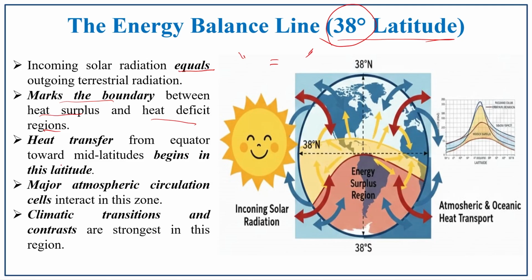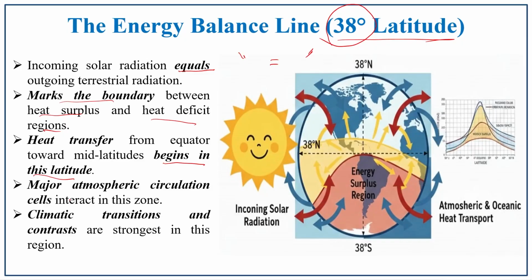Heat transfer from the equator towards mid latitude begins in this latitude. From this latitude only the heat transfer process is started. The major atmospheric circulation cells interact in this zone. In this zone only the major atmospheric circulation cells have been activated.